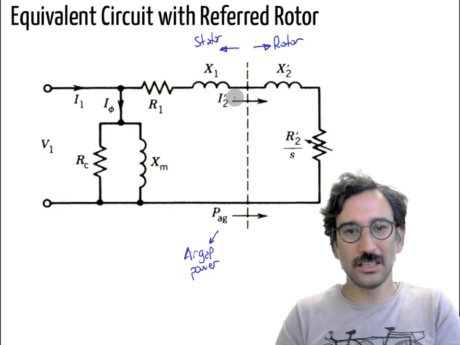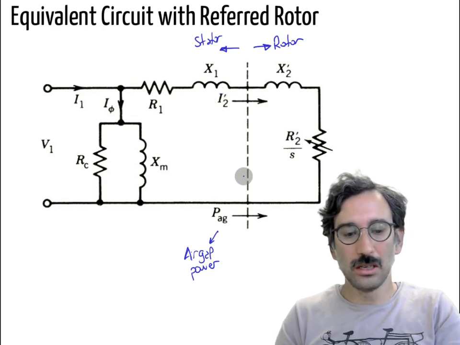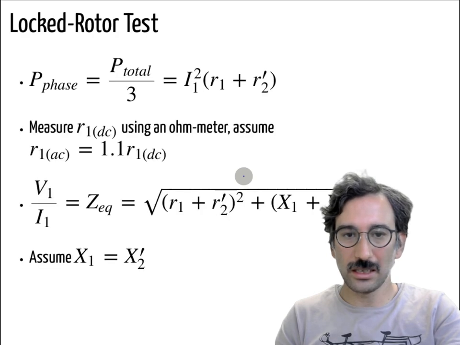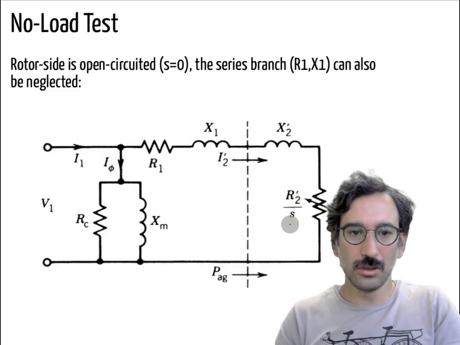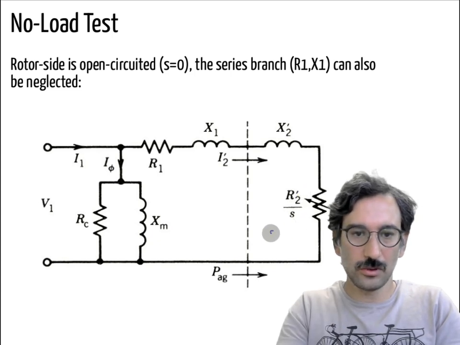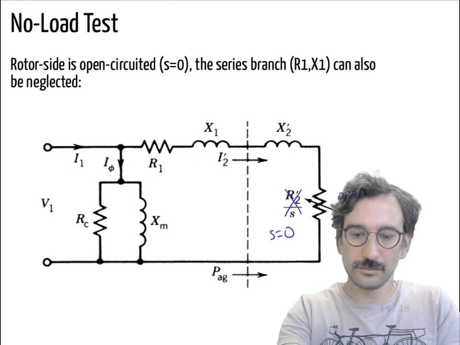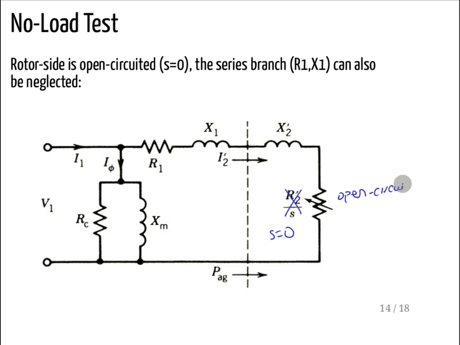Normally that component is here, yes, but again we can make some assumptions and move it to the primary winding. Let me write here: S is equal to 0, so that branch is open circuited, so that one cancels, and I2 prime is equal to 0.